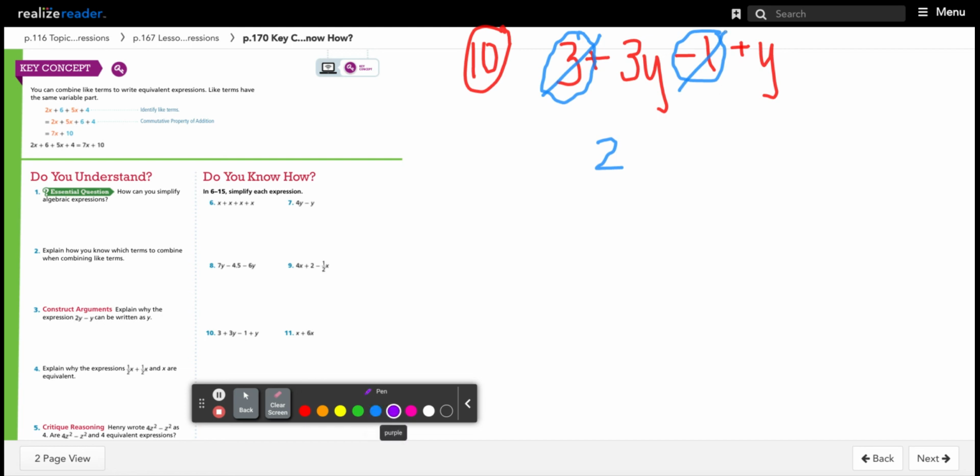What's left? I have a 3y. Well, 3y, does that have a like term? Yes, it does. Y. Well, 3y plus y is the same thing as plus 4y. So our answer here is 2 plus 4y. Our answer could also be 4y plus 2. The commutative property of addition allows us to change the order.